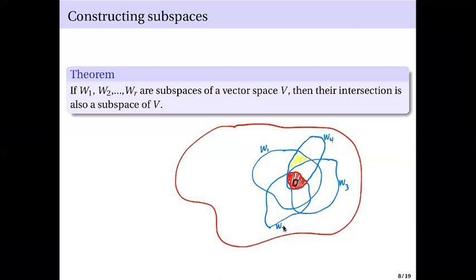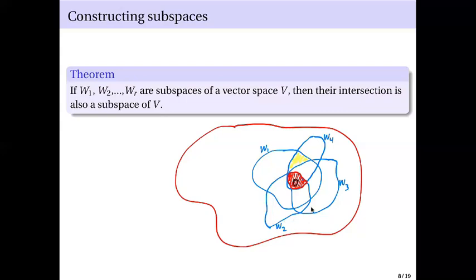The elements of this part are inside W1 and W4, but outside W3, because this is your W3 here, and also outside W2. So the yellow part here is just those elements which are inside W1 and W4, but outside W3 and W2.